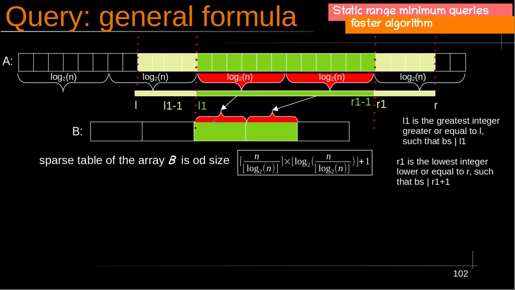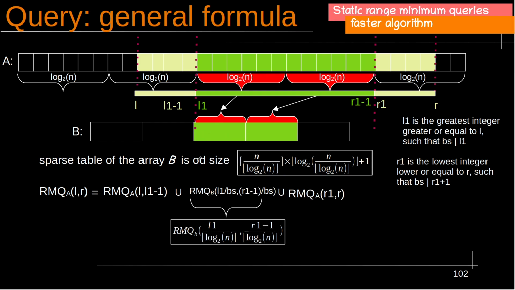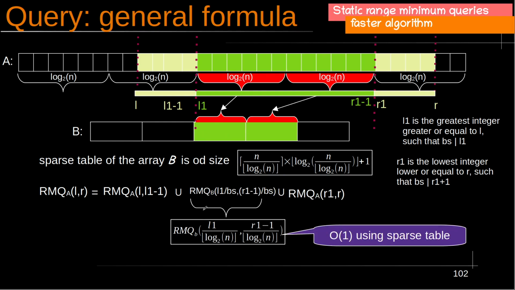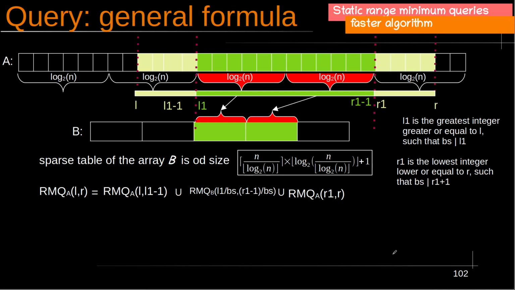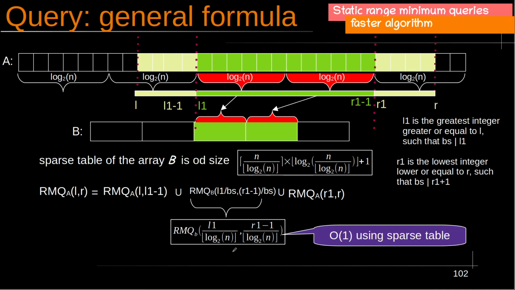So here, the RMQ from L to R, as we saw in the beginning, we can use the sparse table to compute this minimum by using this formula. This is the left boundary on the sparse table, and this is the right boundary of this range of the array of blocks.